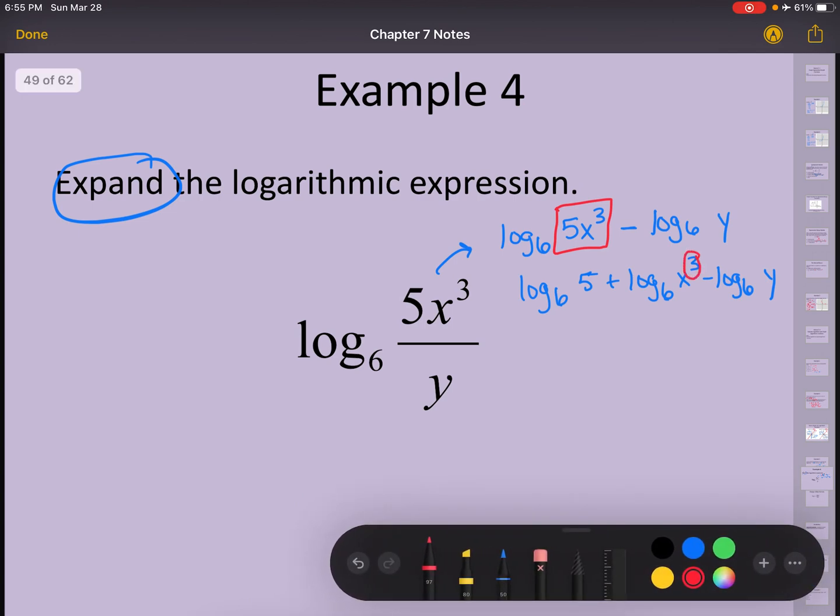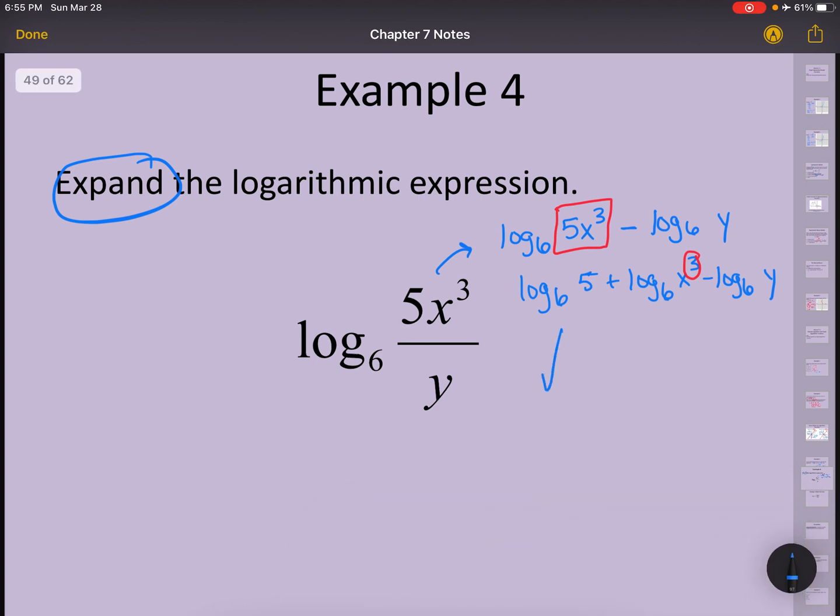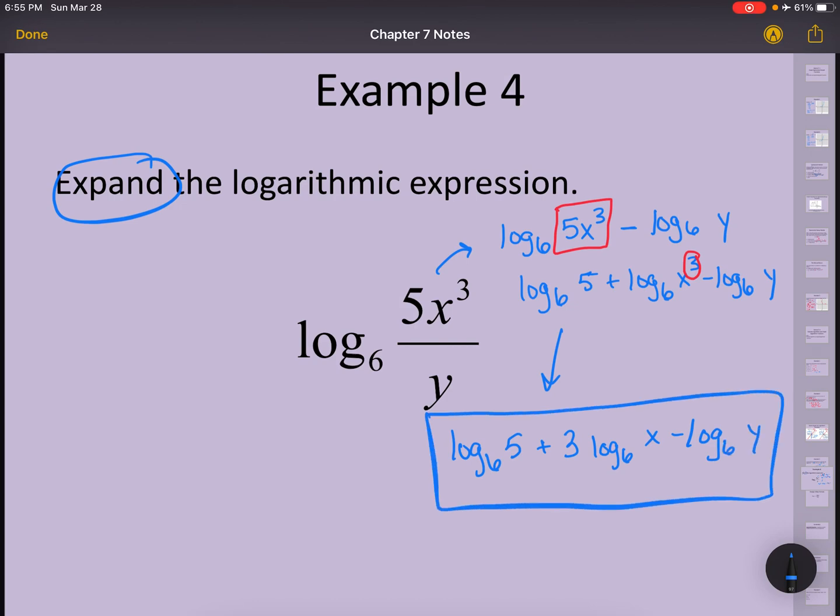I've got this power of 3. I could use the power property to move it out front. So lastly, I've got log base 6 of 5 plus, when I move it out front, 3 log base 6 of x minus log base 6 of y. So here's the expanded version of what we just started with.